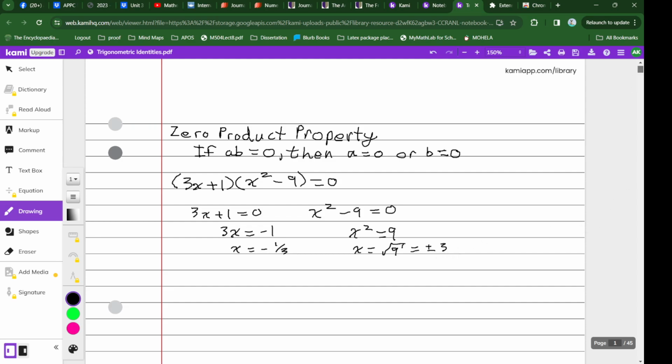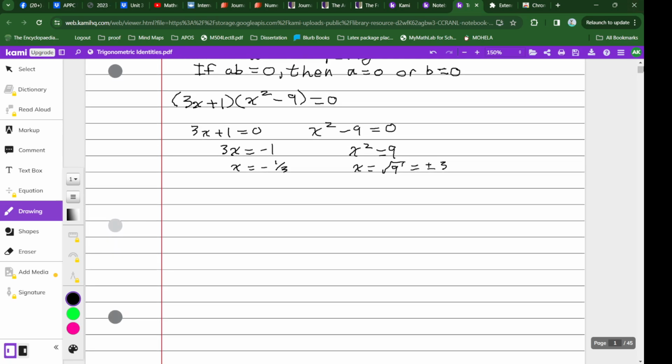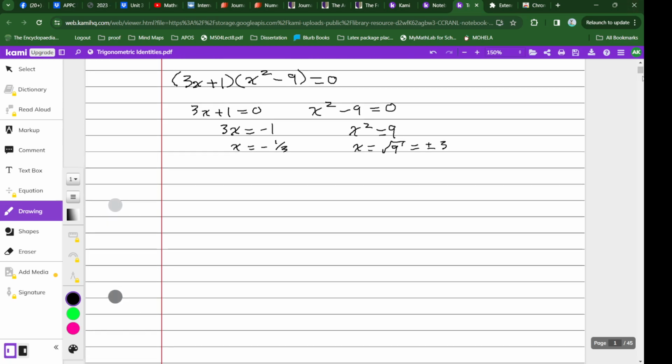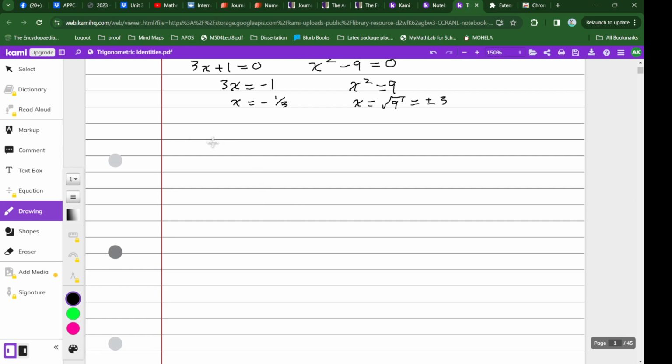So let's look at one where we have to do a little bit more work, so to speak. Okay, so let's say we have 4x squared plus 11x minus 3 equals 0.